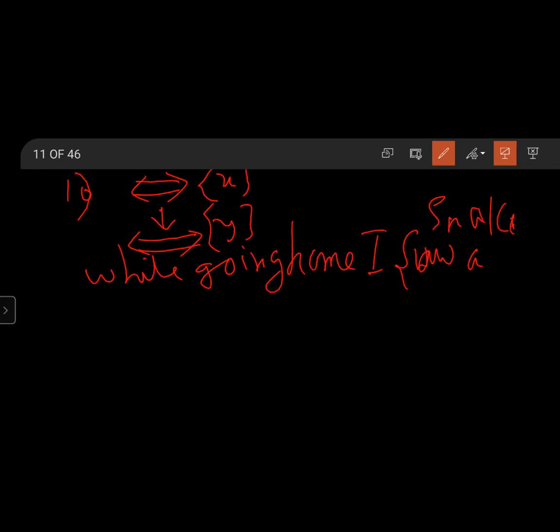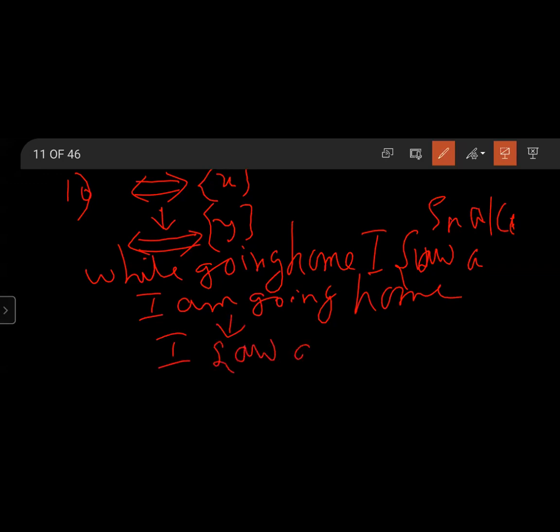Okay. Here in CD representation, I am going home, plus, I saw a snake. Okay. This is rule number 10. While going home, I saw a snake.